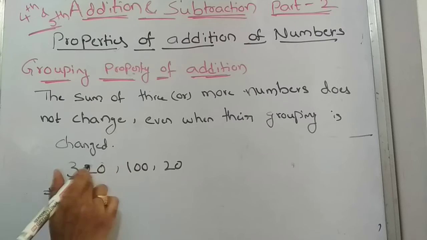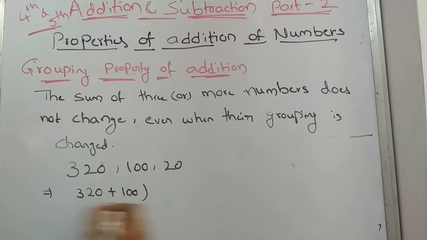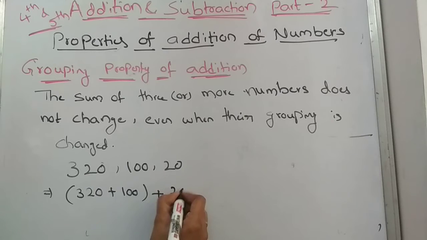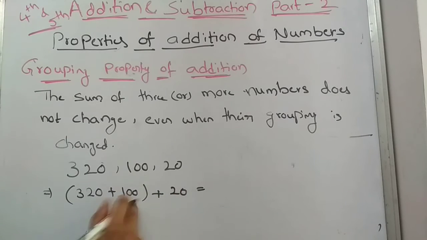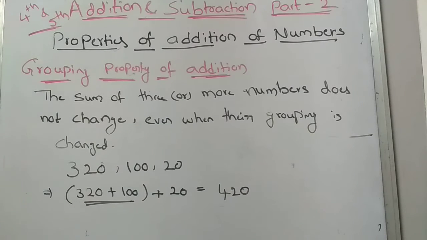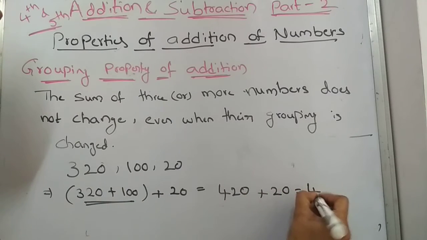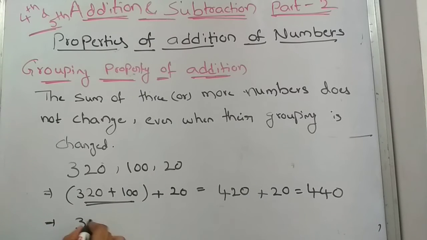First I am adding these 2 numbers. 320 plus 100, put in bracket, then plus 20. 320 plus 100 is 420. First we should do the operation within the bracket. After that only you can add the next number. 420 plus 20 equals 440. Then what will we get next? Now what am I doing here?